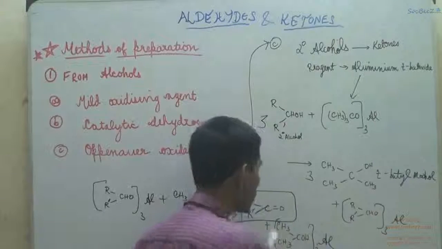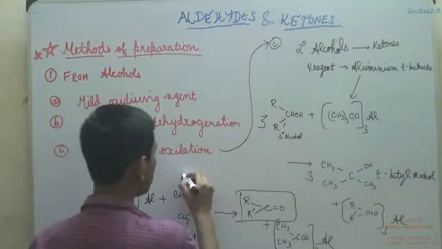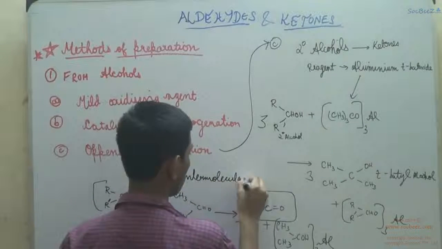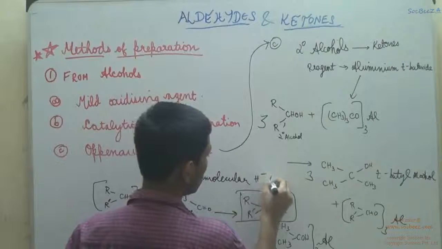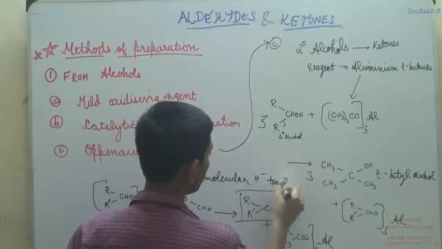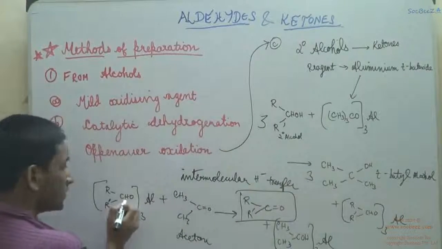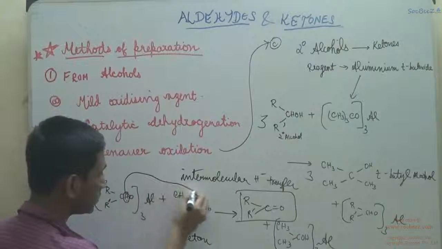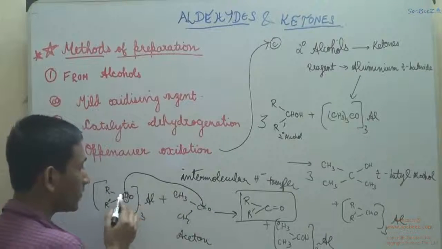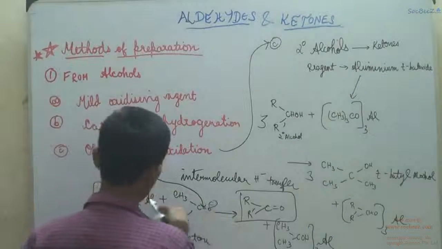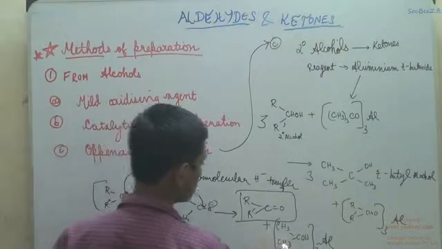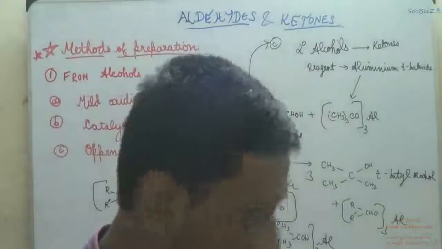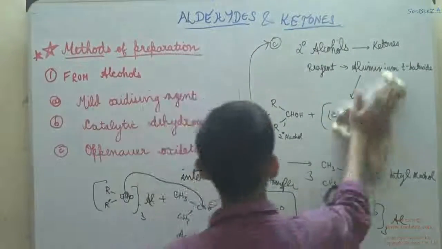So this is your ketone formation. This step is nothing but an intermolecular hydrogen transfer; if you see, this hydride ion is transferred from here to this particular compound. So this gets a negative charge, aluminum has a positive charge, forms this complex, whereas the ketone is liberated. So that was about preparation from alcohols.